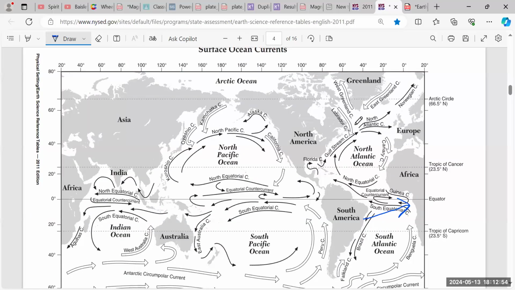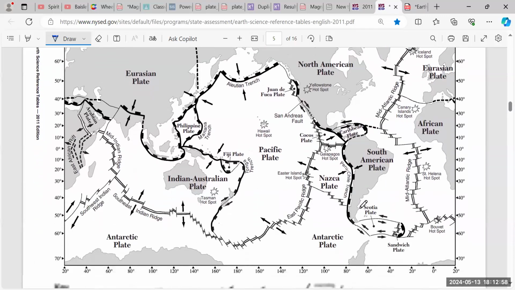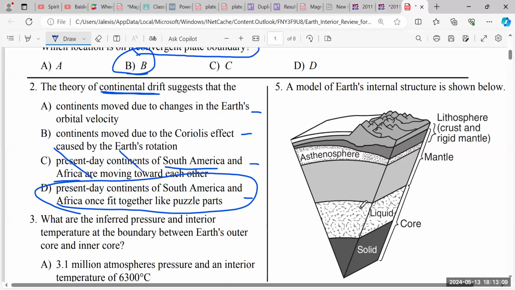But when you take a look at page 5, that shows what's going on. South American plate and the African plate, look at the arrows. They're actually moving away from each other. And so that statement is not even true. So the correct answer is D.